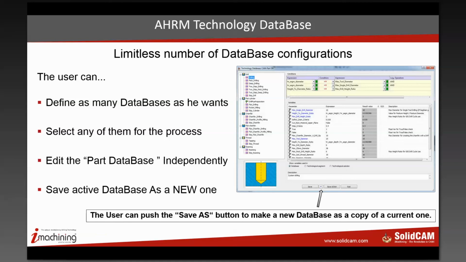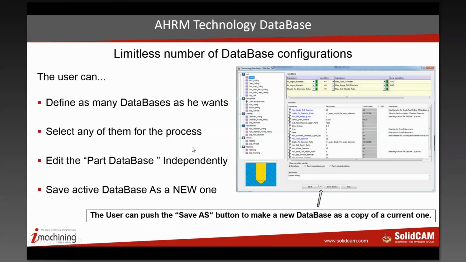Now you can do a Save As, simply go in and update those tool feeds and speeds for a different material, depths of cut, so forth, and now you've got an additional database you can use for aluminum, steel, titanium, whatever you're cutting, okay?